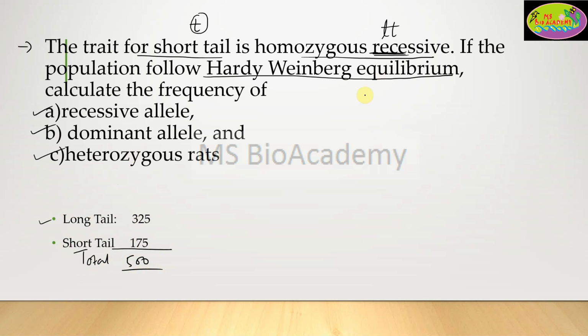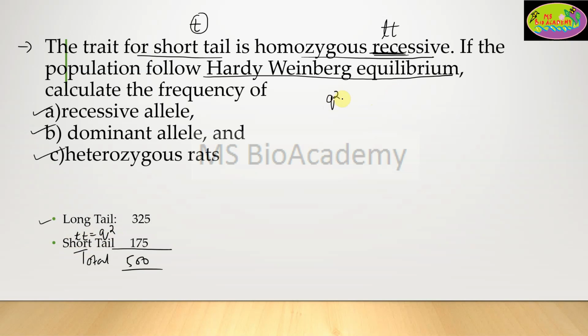So if I want to find how many are with the short tail, I can calculate q. How many are in the recessive allele form? Short tail means they will have the small t, that means it is q square.